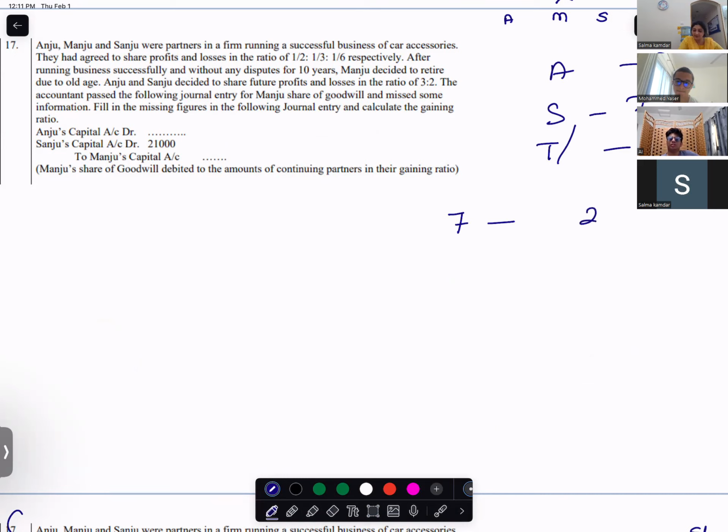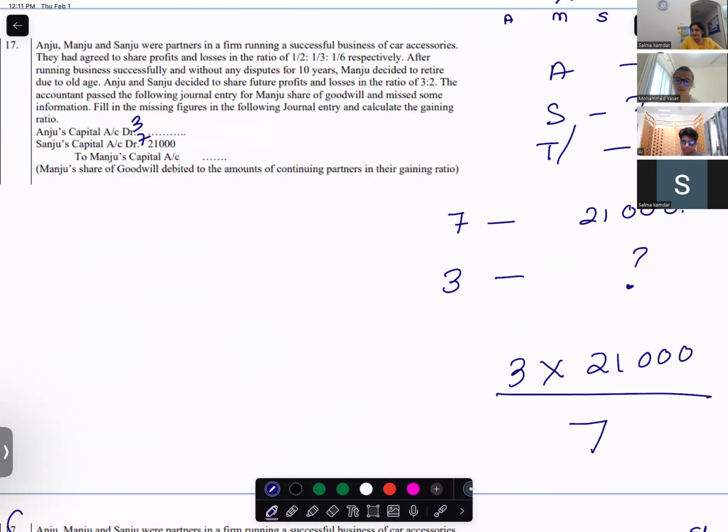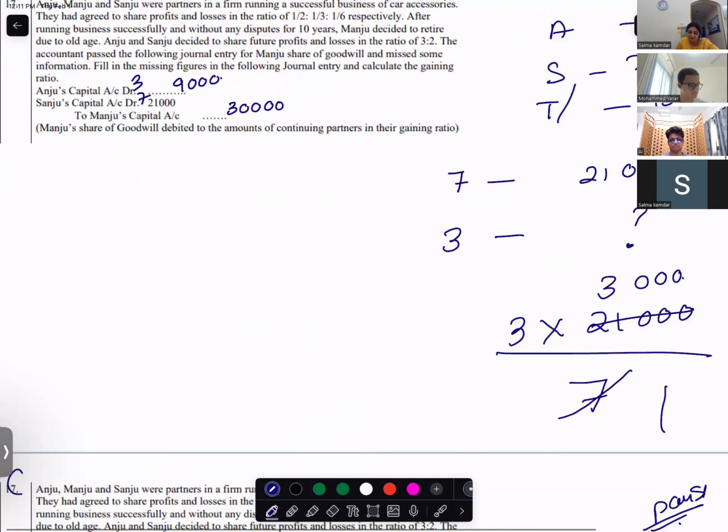So 7 shares represent how much? 21,000. 21,000 into 3 divided by 7: 7 ones are 7, 7 threes are 21, so this becomes 9,000 and this will become 30,000. Yes, correct, 9,000 and 30,000.